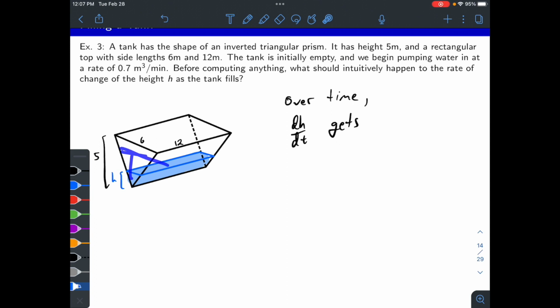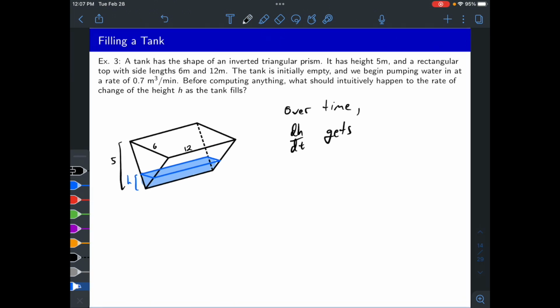But as you get to higher heights, you're pumping in water at the same rate of 0.7 cubic meters per minute. And because you have more space to fill up, it's not going to go up as quickly. So dH/dt is getting smaller over time.